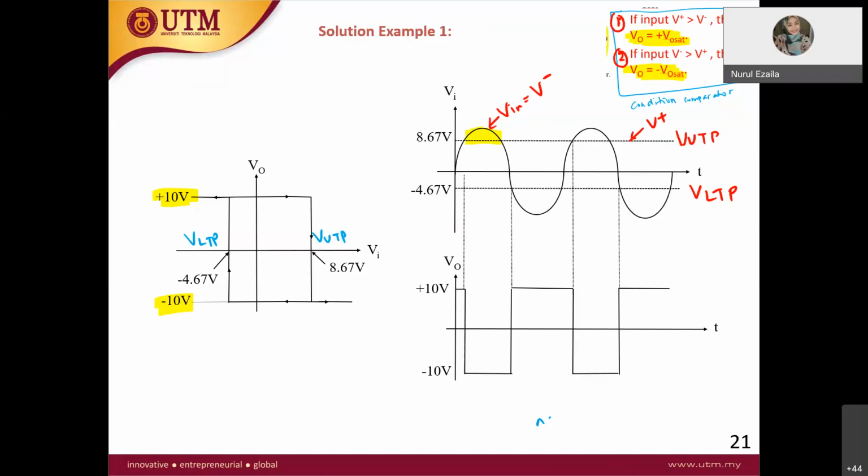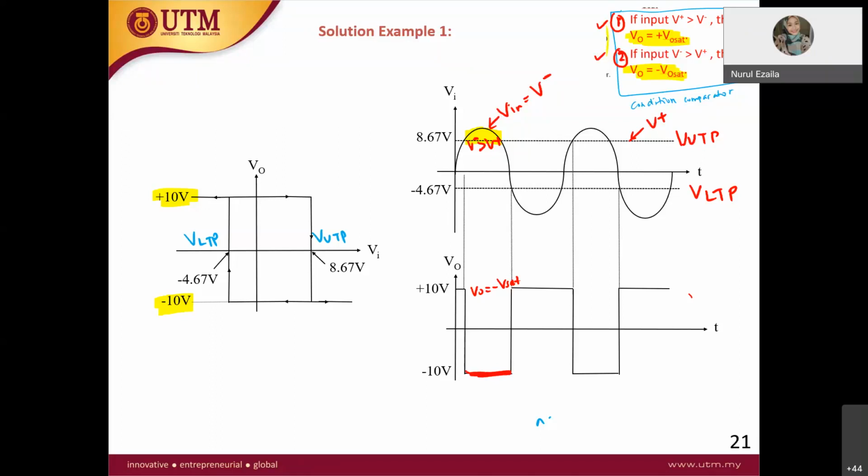V minus greater than V plus, is it the first condition or second condition? Second condition, right? So in this case, V out is equal to the negative V saturation. That's why you have it here.